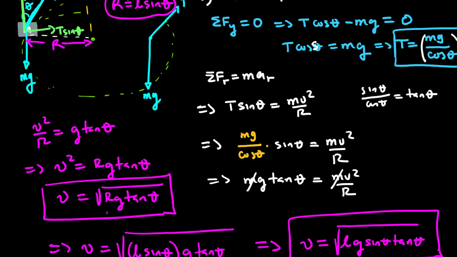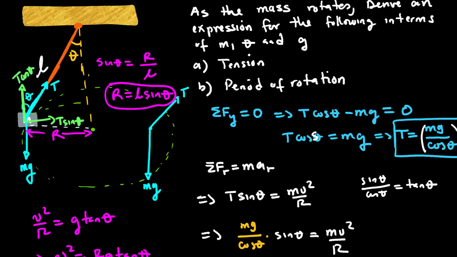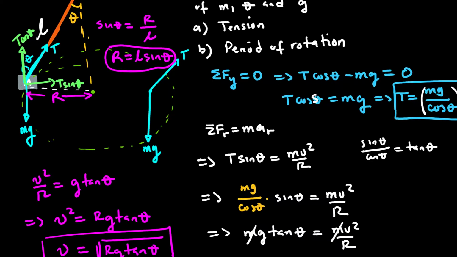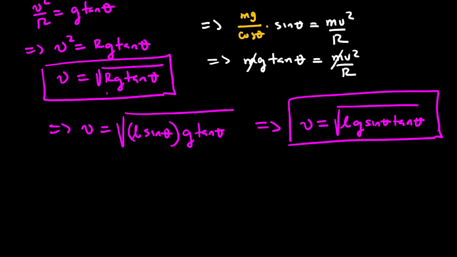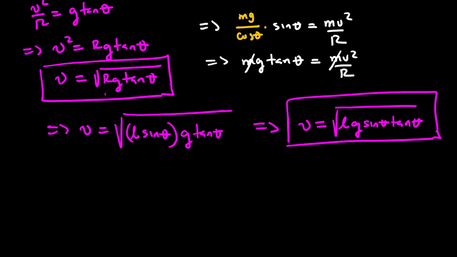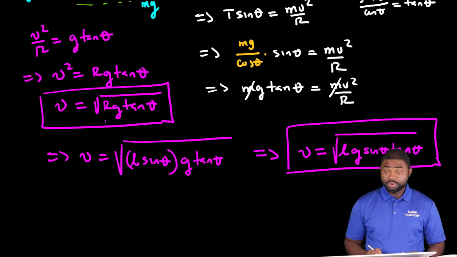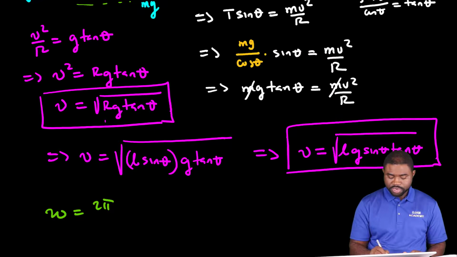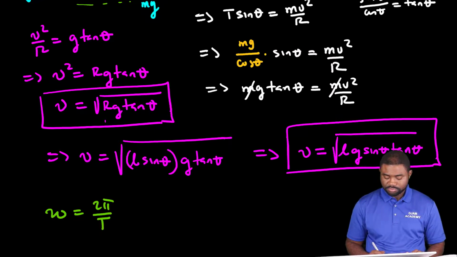Now, the next question is for us to calculate the period of rotation. So how do we go about calculating the period of rotation? Remember that omega is equal to 2 pi over T. And omega is equal to v over r.